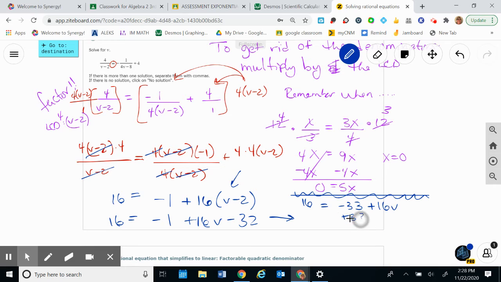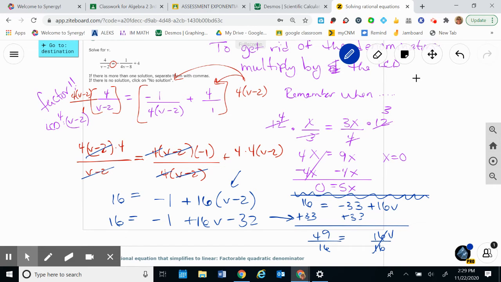I can add 33 to both sides, and I get 16v is equal to 49. And I divide both sides by 16, and I get v equals 49 over 16. And that is the answer, unless I made a mistake somewhere along the way, in which case, you can let me know.